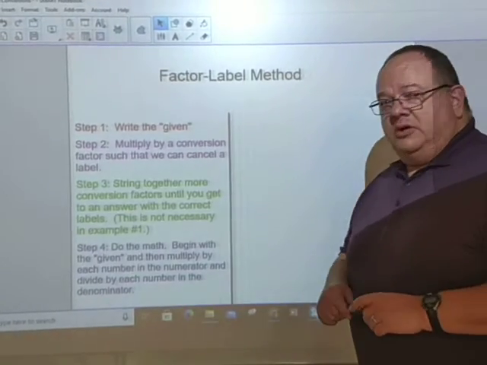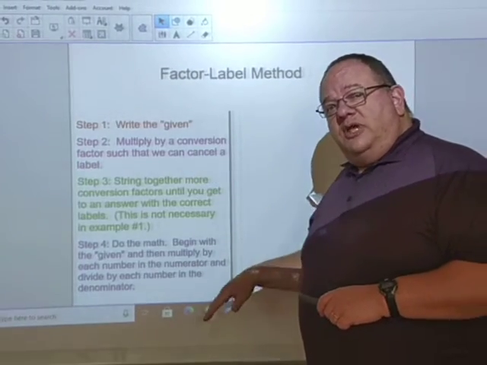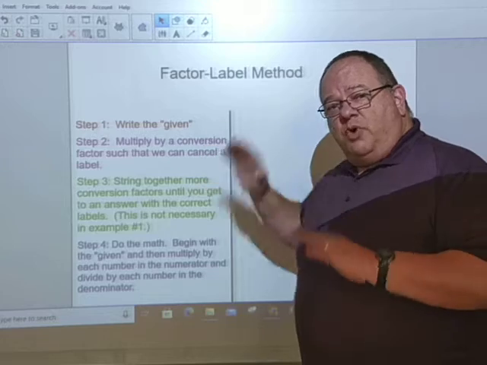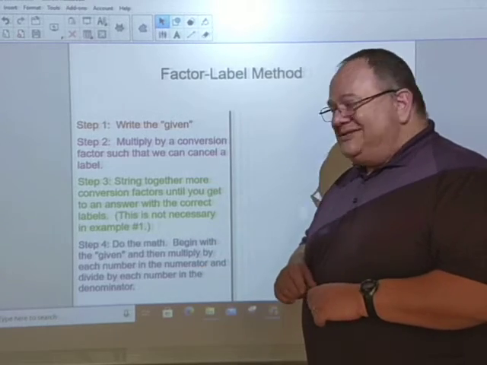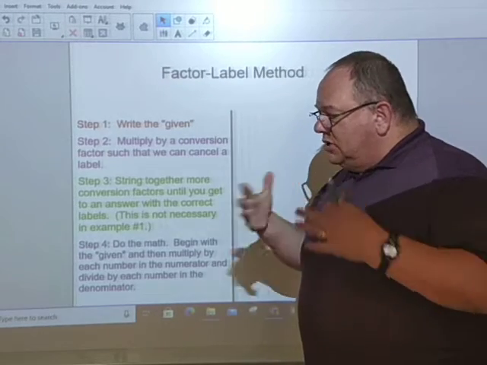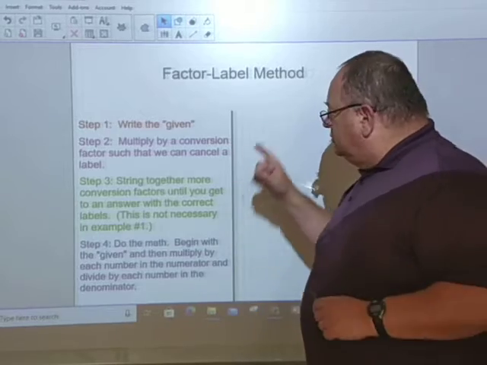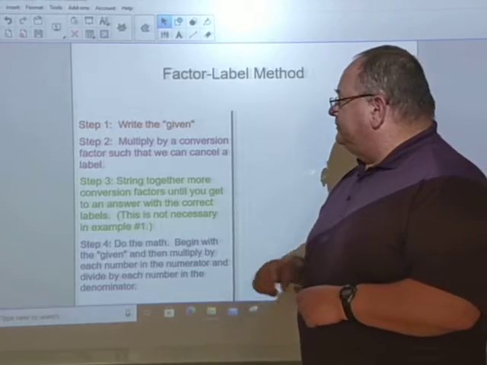I have some steps here. I'm going to read through these, and then I would suggest that you just pause the video and make sure that you get these down. Number one, write the given. Some piece of information, some quantity was given to you in the problem. In your workspace, write it down.